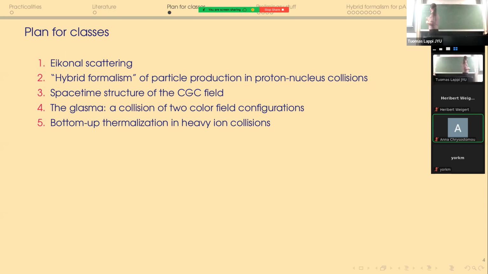Let me write the Klein-Gordon equation: the covariant derivative squared plus the mass squared acting on phi is 0.